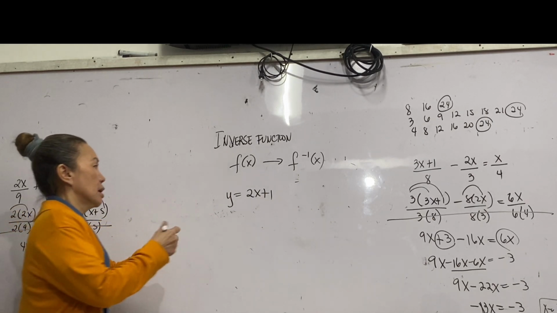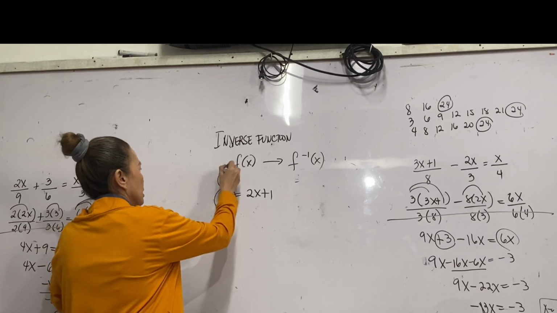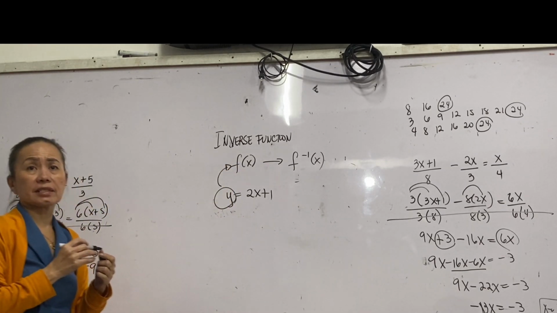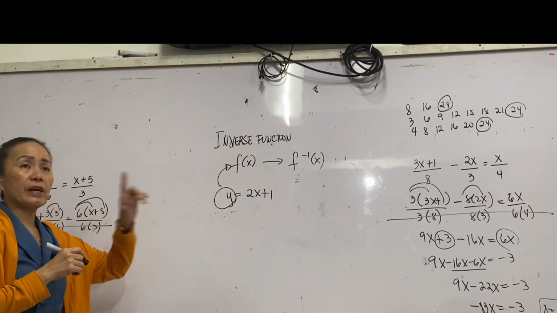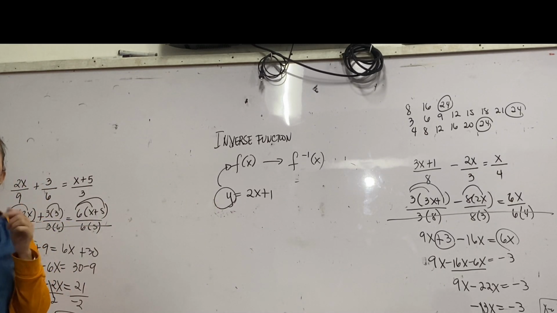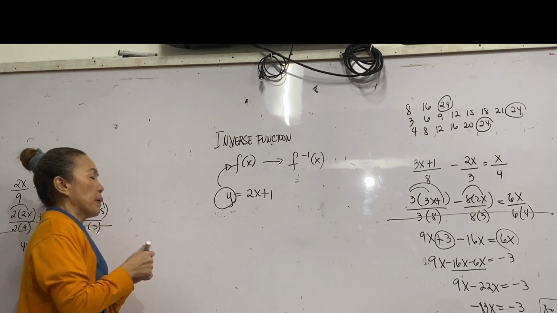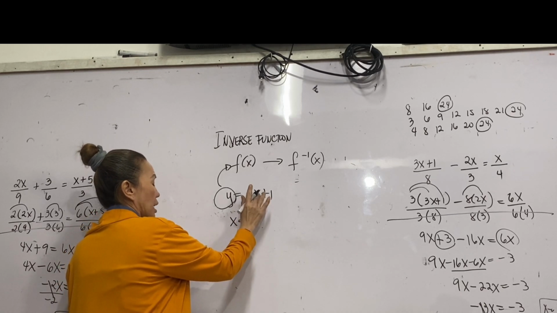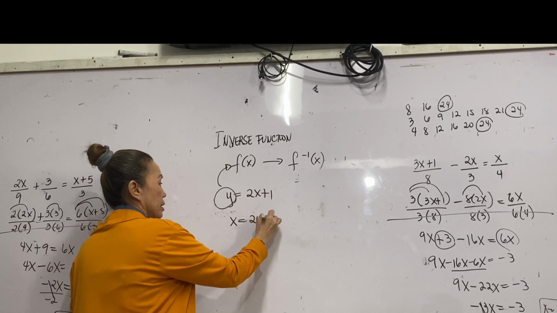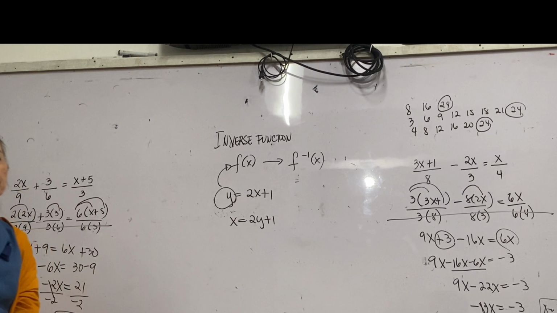Y means f of x, pero we rewrite it as y. Okay, first po, we're going to interchange y to x, x to y from the given. Papalitan natin yung y ng x, papalitan natin yung x ng y. Nasusundan po ba?